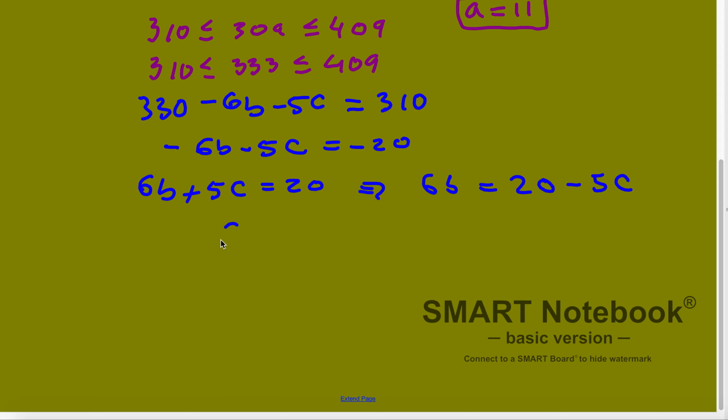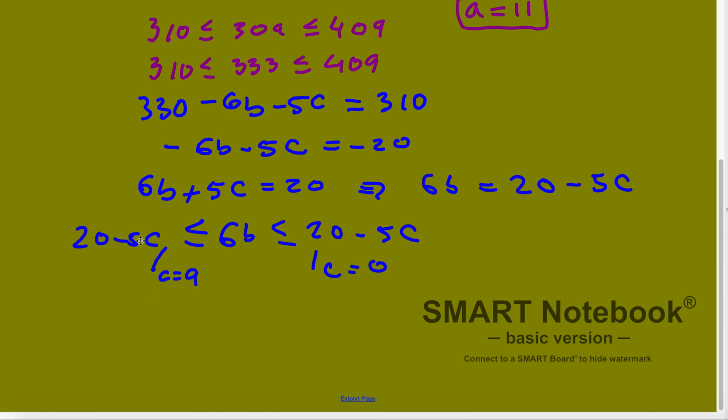If we take this 6b, we create an inequality the same way, with 20 minus 5c on both sides. And again, we give c the values from 0 to 9. If we take c equal to 9 on one side, and c equal to 0 on the other.